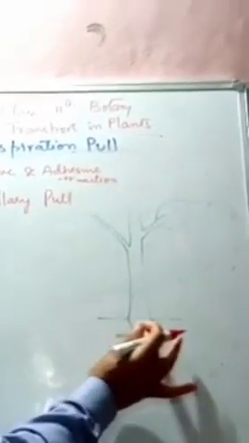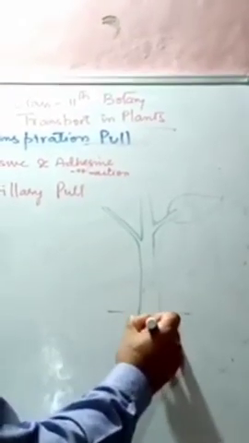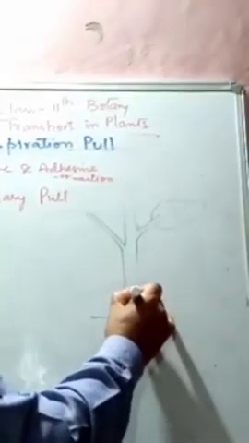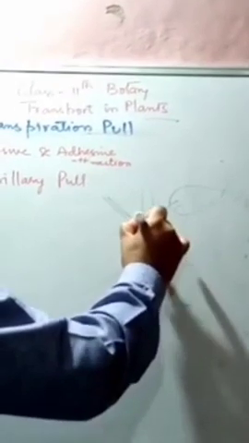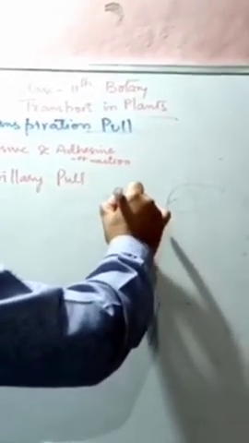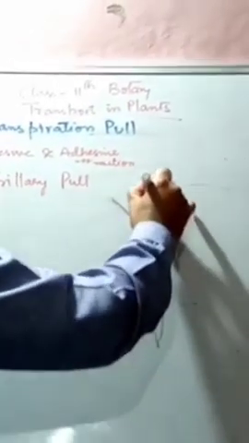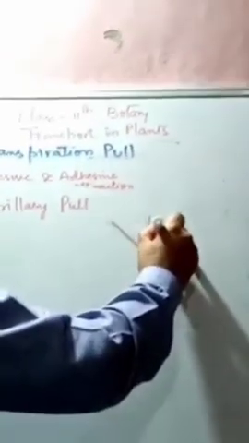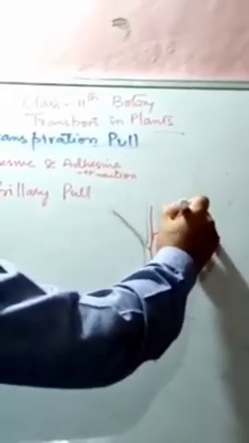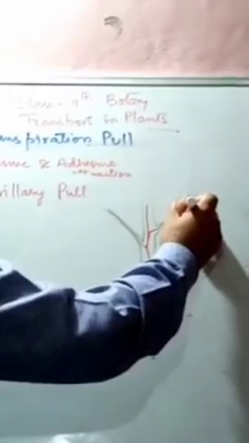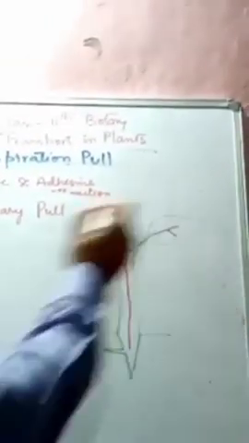Now these xylem vessels form, and water goes inside through the root pressure. From the xylem it forms a capillary, it moves this way, it moves this way, it branches here through the midrib, and then here again it branches like this.